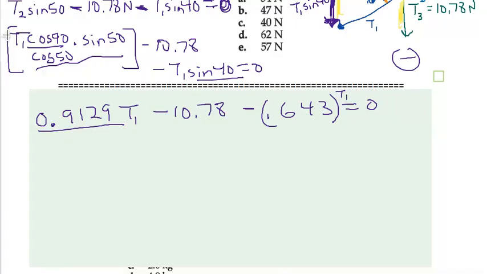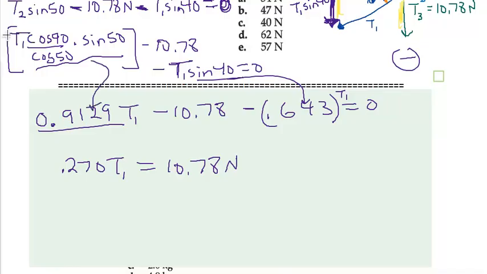So now we want to take 0.9129 minus the 0.643, which turns into 0.270 T1. Bring that over to the other side, equals 10.78 newtons. Okay, so hopefully you see where all that stuff came from. Boom, boom.